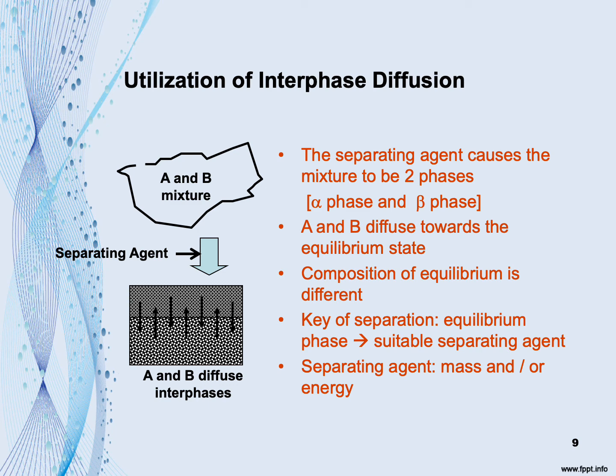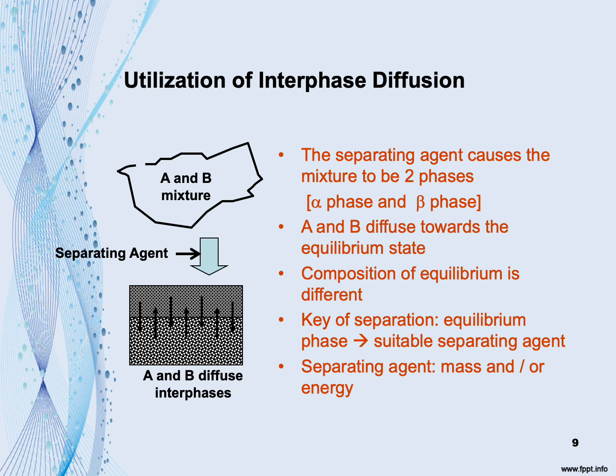The utilization of interphase diffusion applies when we have two phases, for example water and oil. If we add a separating agent, the separating agent will cause the mixture to form two phases, for example an alpha phase and a beta phase.